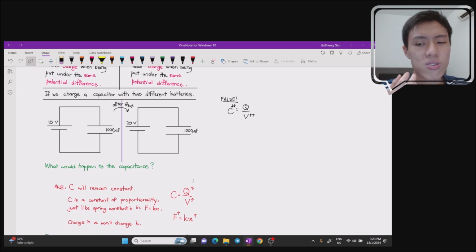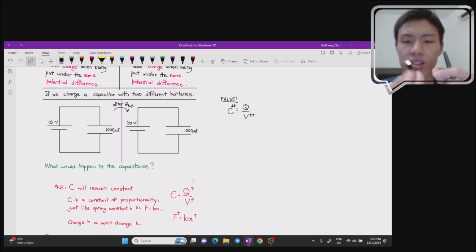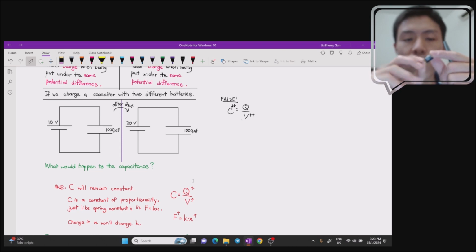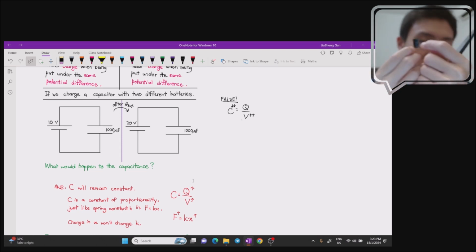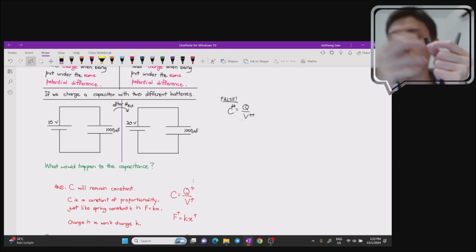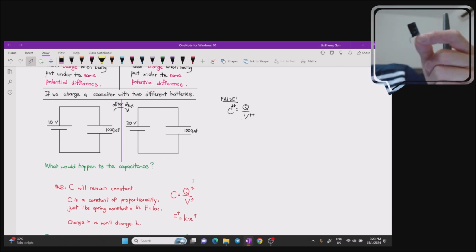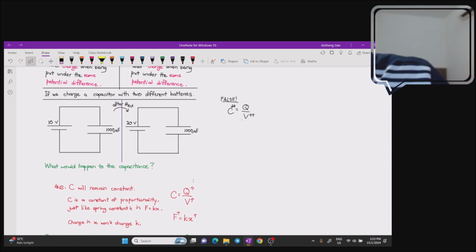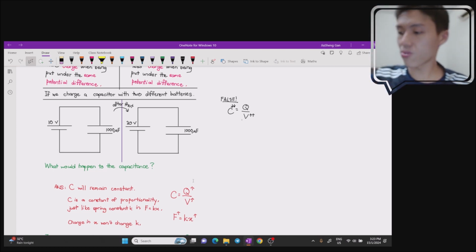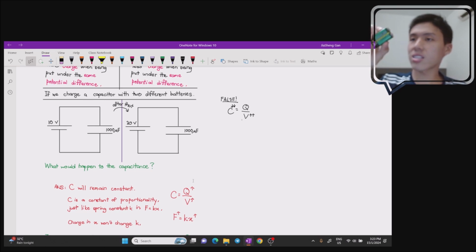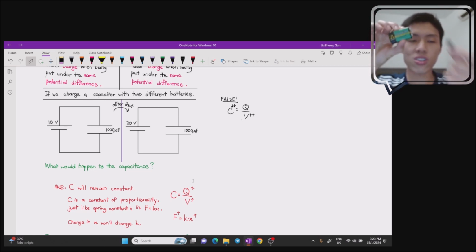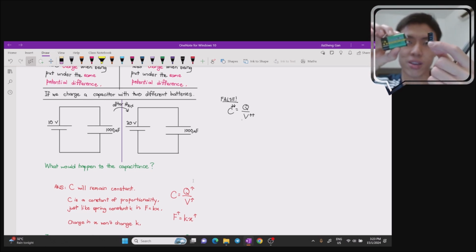Okay, if you try to think about it, it's actually logical. This capacitor here, if you go read it, I'm not sure whether it will appear on the camera, it reads 1000 microfarad. Now let's say I connect it to this 9 volt battery. A 9 volt battery connected to a 1000 microfarad capacitor.